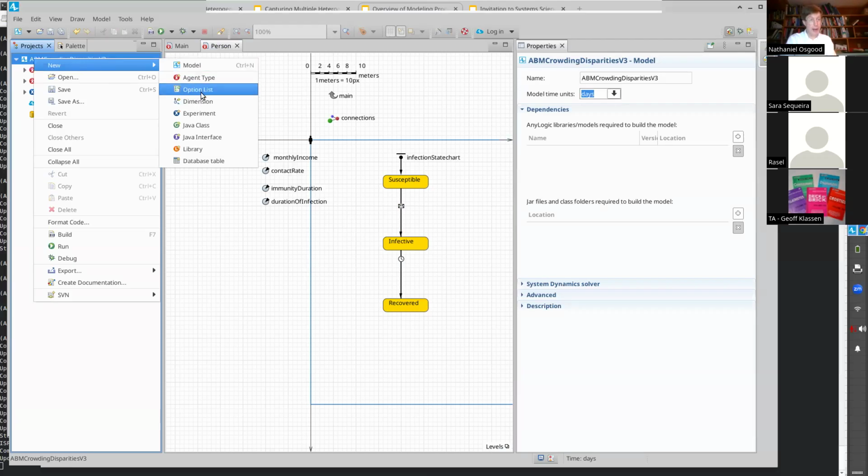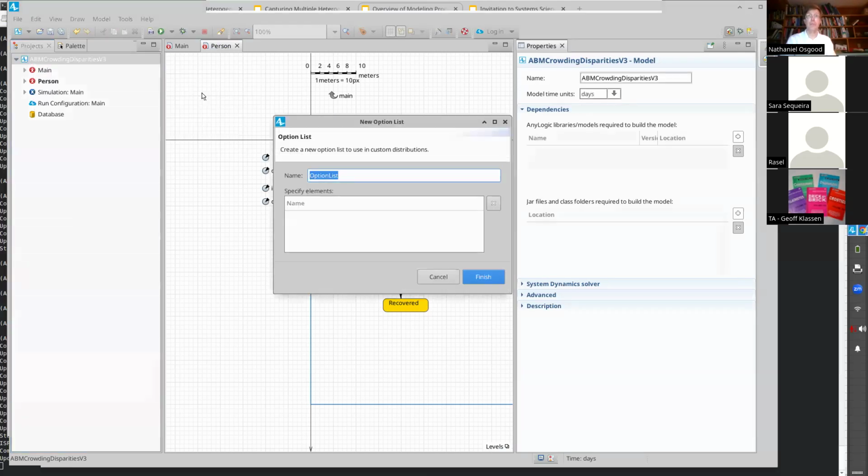And I'm going to add in an option list to list types of possibilities. And this is going to be called message type. And I'm going to have an exposed message.